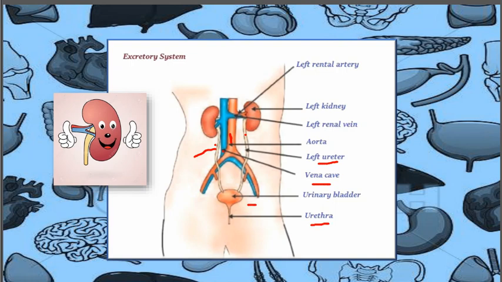So this is the basic structure of the excretory system. Clear? You have to remember this figure and all these names, and please label all these parts properly in your notebook as well as in your UT paper.